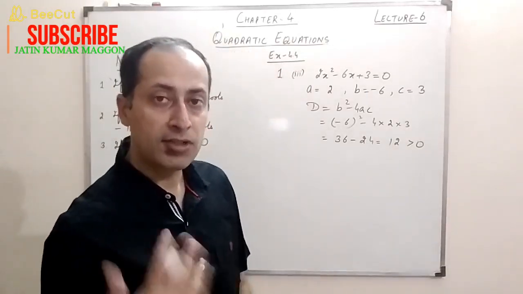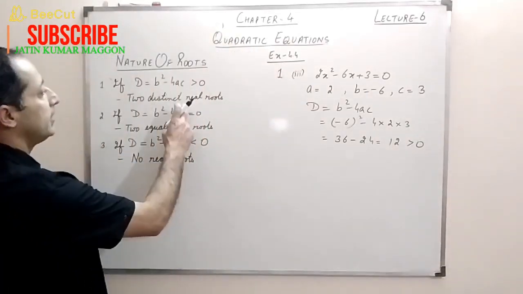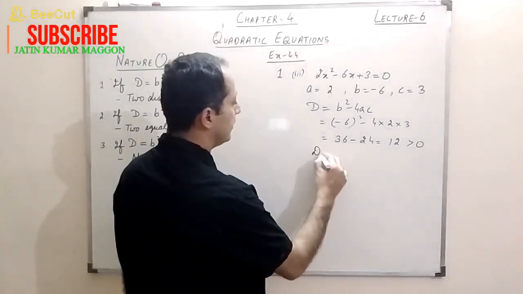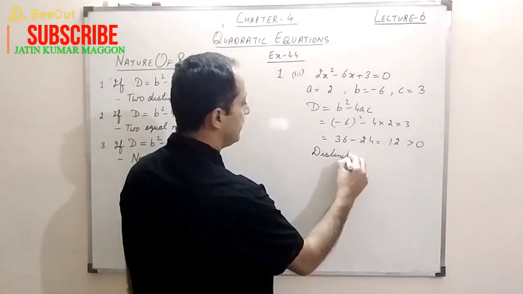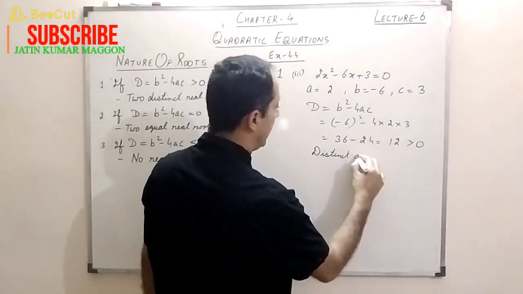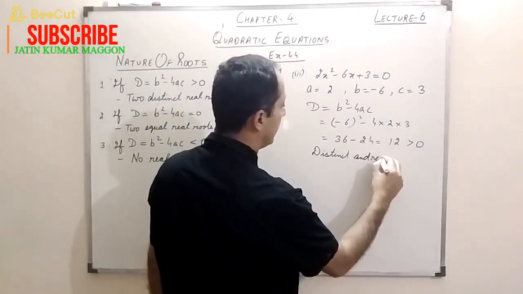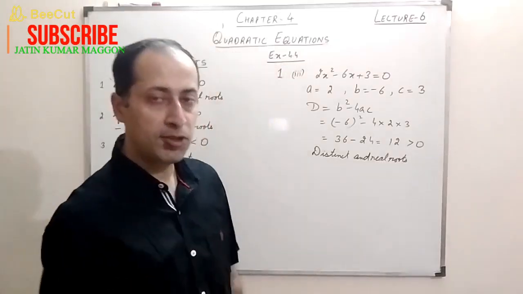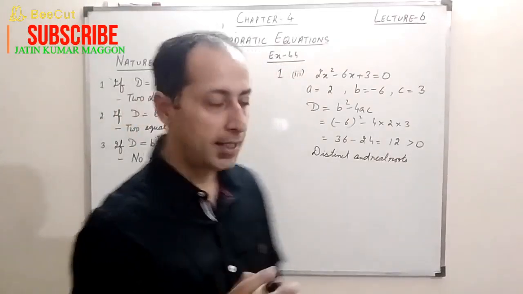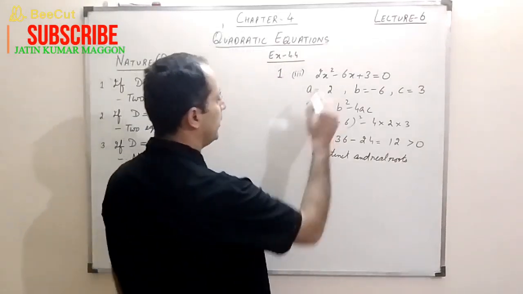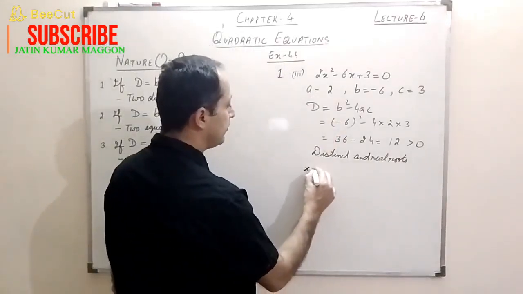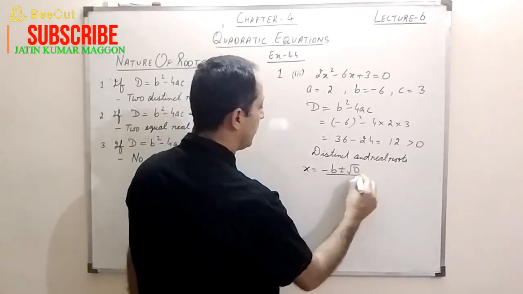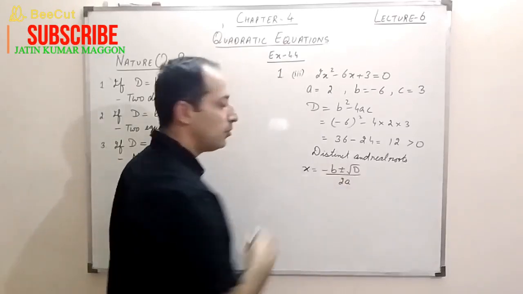So when the value is greater than 0, what is the nature of the roots? We can see it from the condition. So we say distinct and real roots. Now if we have real roots, we have to find the roots, right? So we apply the quadratic formula: x equals minus b plus minus root D upon 2a.